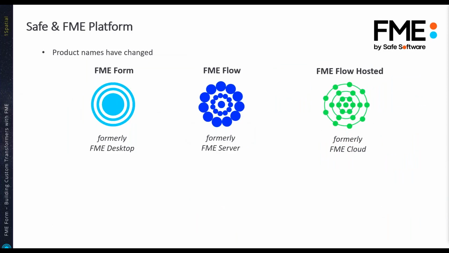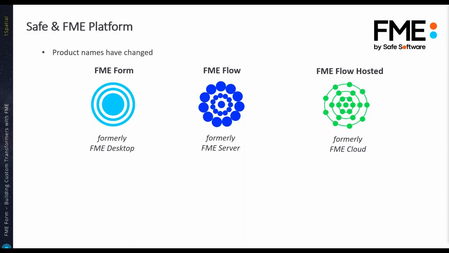So, to start with, I'll just give a brief summary of a few key changes that have happened with FME over the past year. I'm sure you're all aware by now, but the FME suite of products have had new logos and also new names. So I just want to reiterate these. FME Form is the desktop product.